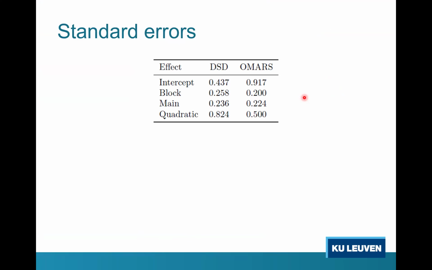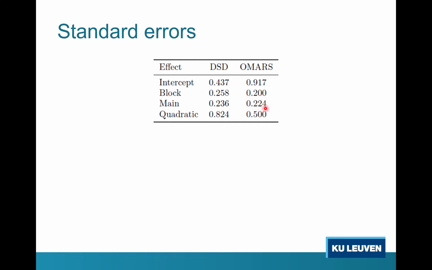winners. For example, the little table that I show you shows the standard errors for estimating main effects and quadratic effects from that blocked experiment with 25 tests in 5 blocks of 5. So you can see that the main effects have a smaller standard error with the OMARS designs.